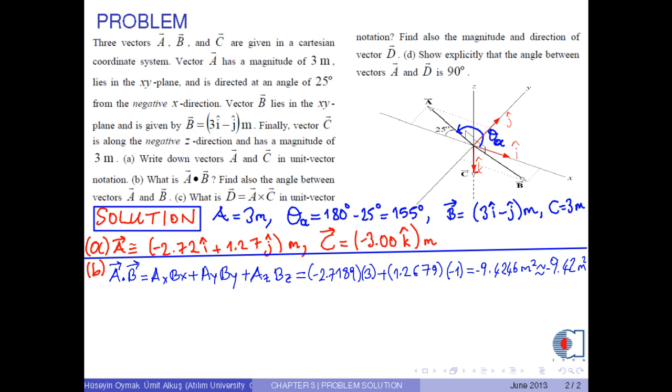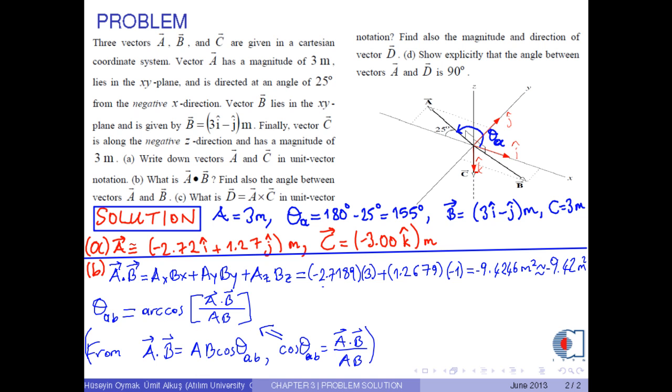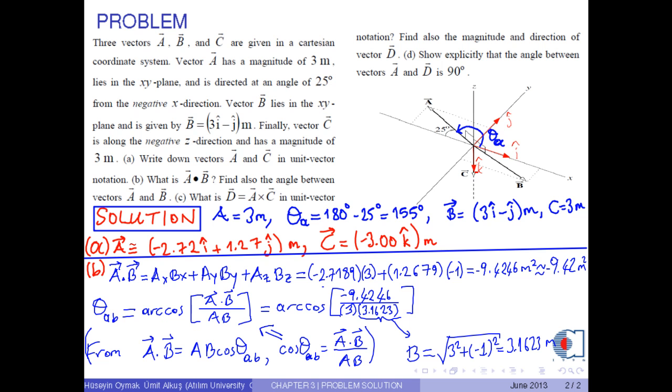Next, we find the angle between vectors A and B. Let's denote it by theta AB. It is calculated by the formula arc cosine of A dot B over A times B. Now we substitute the corresponding numerical values into this formula by calculating the magnitude of B as 3.1623 meters.